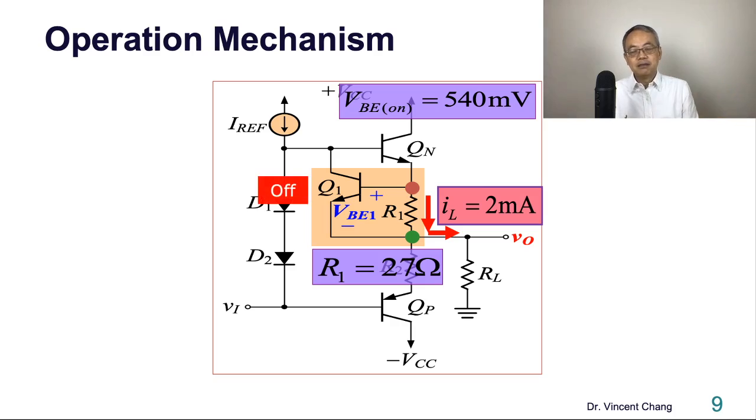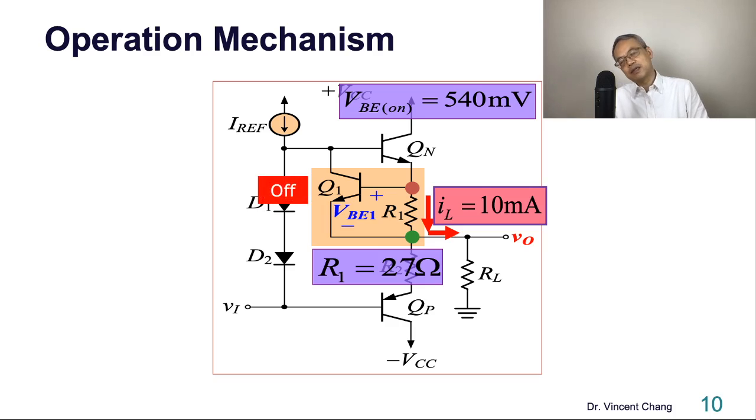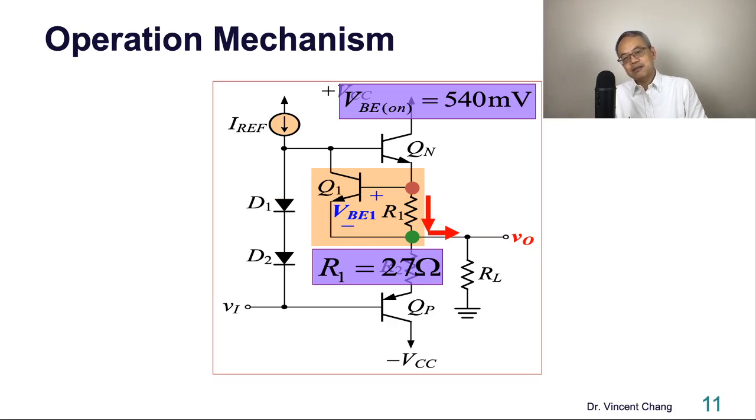Too small. Still asleep. Then 10 milliamp: 270 millivolt, 0.27 volt. Still too small. Keep sleeping. Until, let's say, 19 milliamp. It's 513 millivolt, right? Did I get it right? Yes, 513 millivolt.